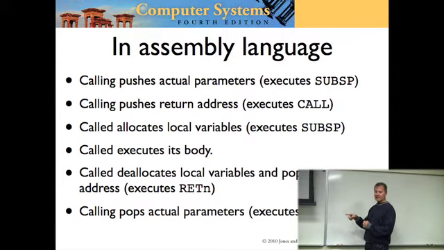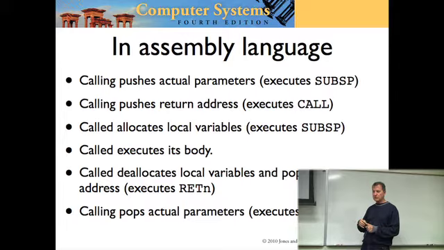And then at that point, control has returned to the statement after the call in the calling function. And so at that point, that's where the code belongs. The compiler has to generate code there to pop the actual parameters, and the way it does that is by executing add SP. Are you with me? Now, do you remember in C++ there are several different ways to pass a parameter?